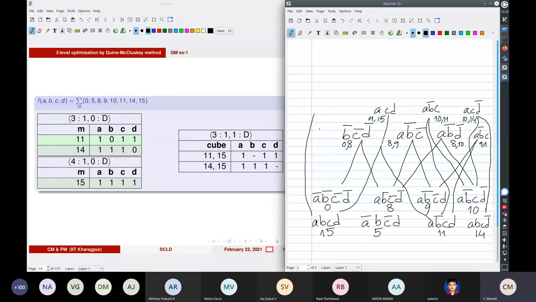This is adjacent to 14. So it's adjacent to 14 and it's ABC. All right, so this is 14, 11, 14, 15.